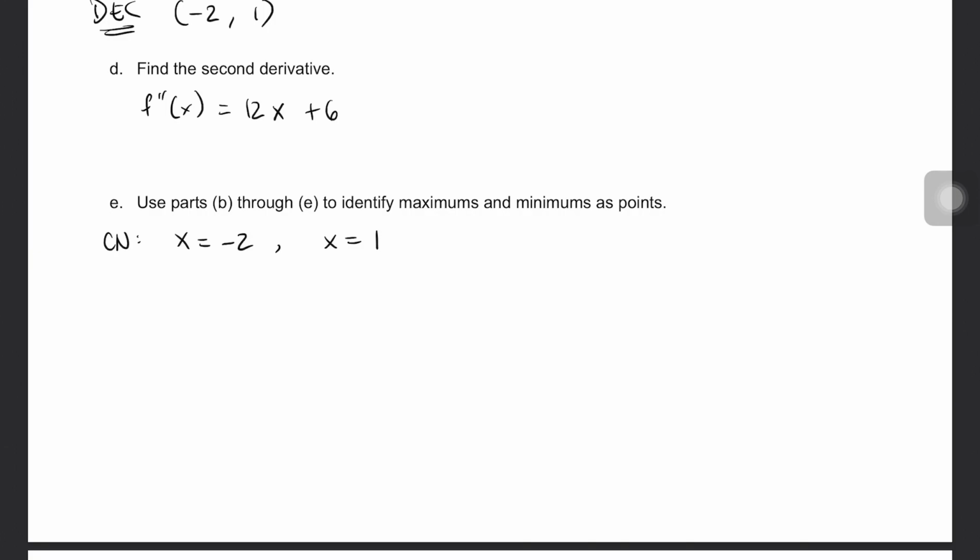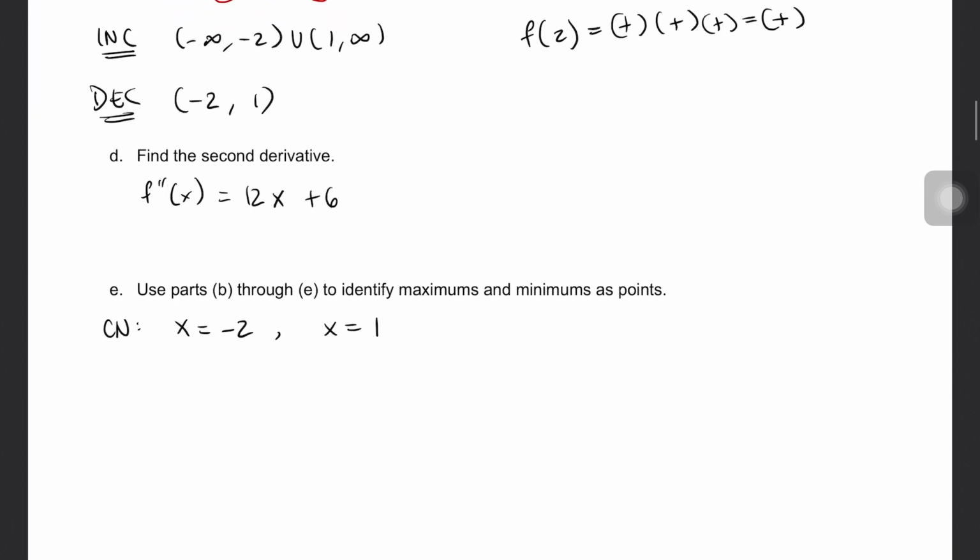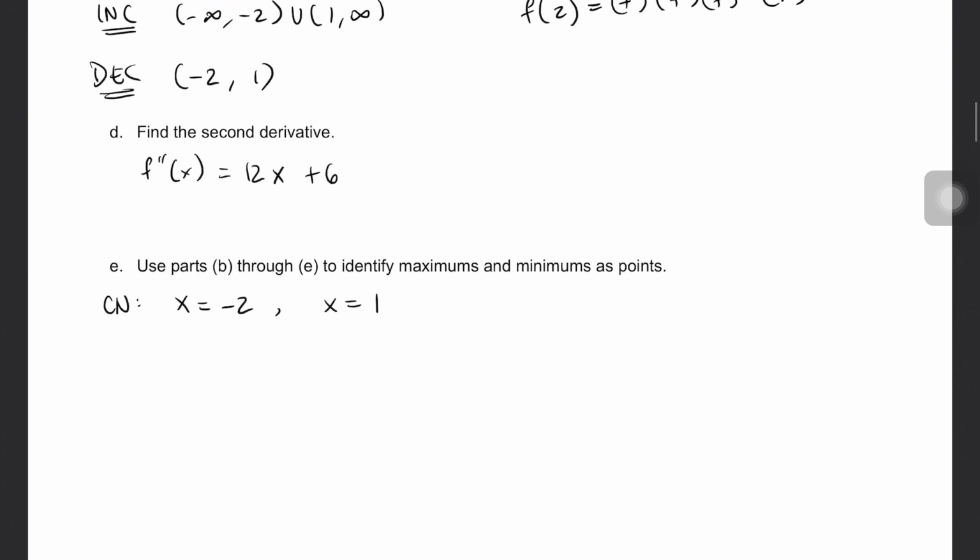So we could look at the graph right here, and since we already did all this work, we can see that at x equals -2 this is going to be a maximum, and then at x equals 1, this will be a minimum, right? So it's kind of neat that we already have this picture here. So let's use that information.